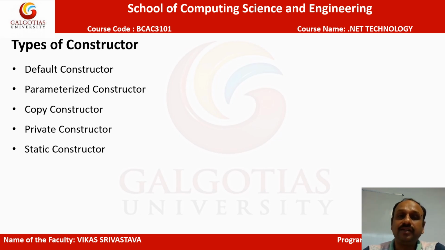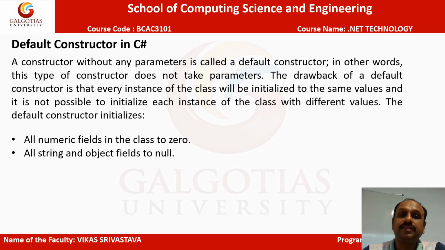Let's have a look at the default constructor. A constructor without any parameters is called the default constructor. In other words, this type of constructor does not take parameters. If called explicitly, it will initialize the values which you have declared.